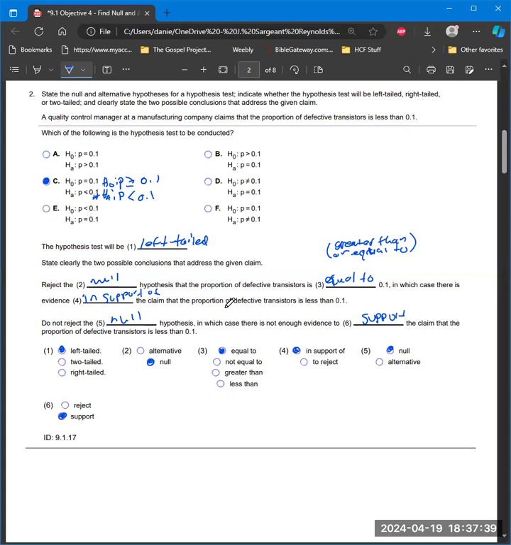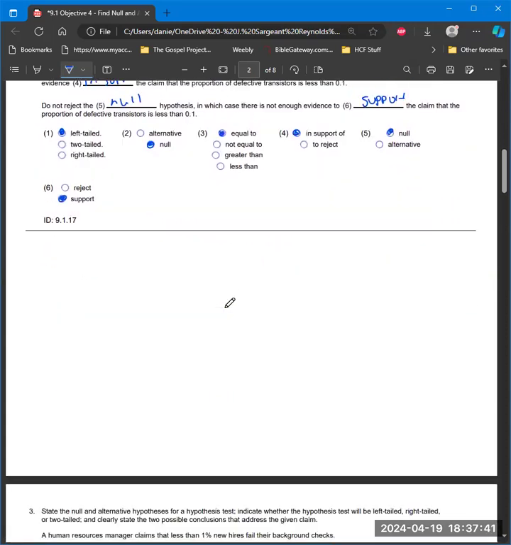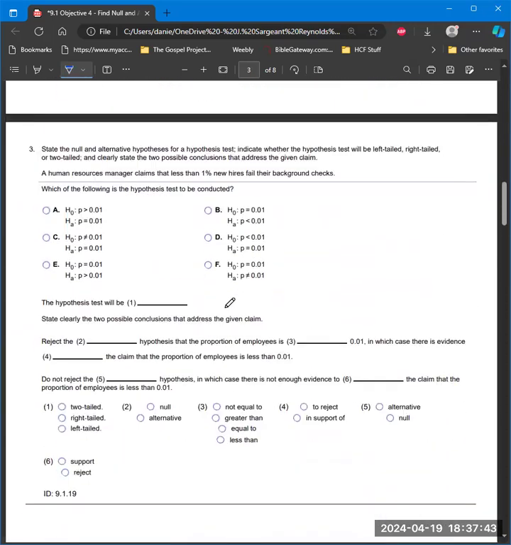Hopefully we get one where the claim is in H naught here pretty soon. State the null and alternative hypothesis for a hypothesis test and indicate whether the hypothesis test will be left-tailed, right-tailed, or two-tailed, and clearly state the possible conclusions that address the given claim. A human resource manager claims that less than 1% of new hires fail their background checks.